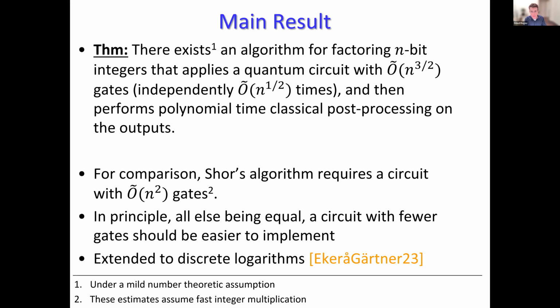In their approach, they really care about depth, so they make the circuit very shallow. The number of gates is actually much larger. So it's a different trade-off. If you care about the number of gates, it depends on the quantum architecture. If this is really what you want to optimize, then maybe what I'm showing today is the way to go.